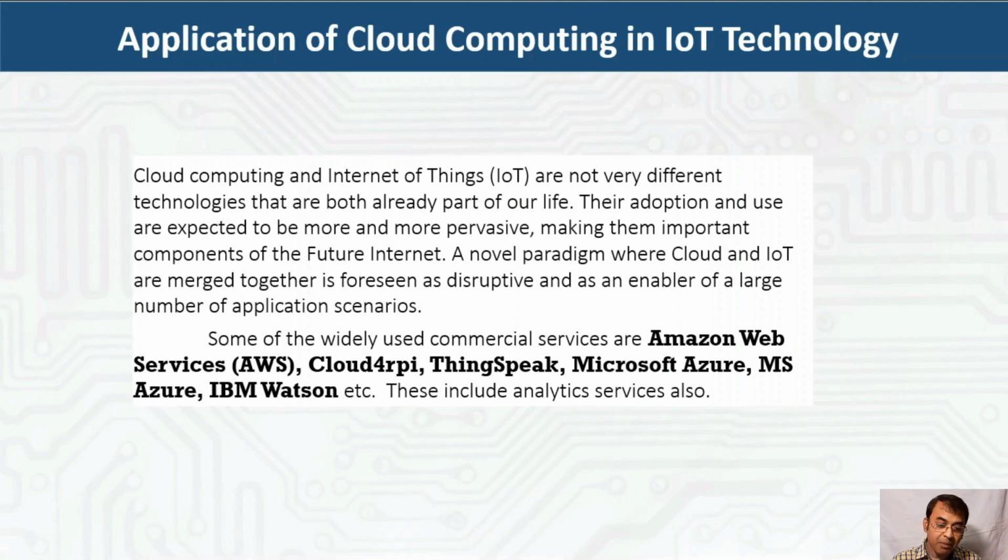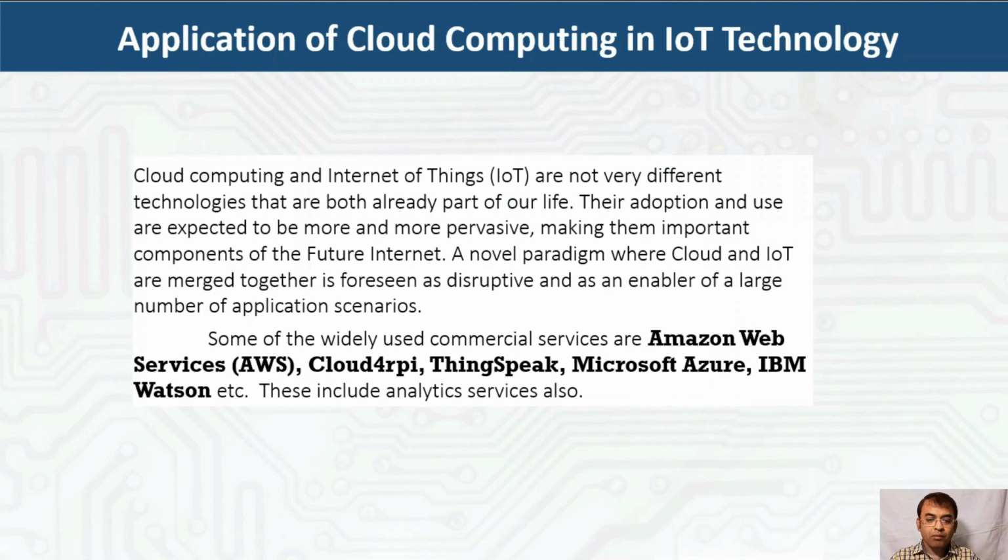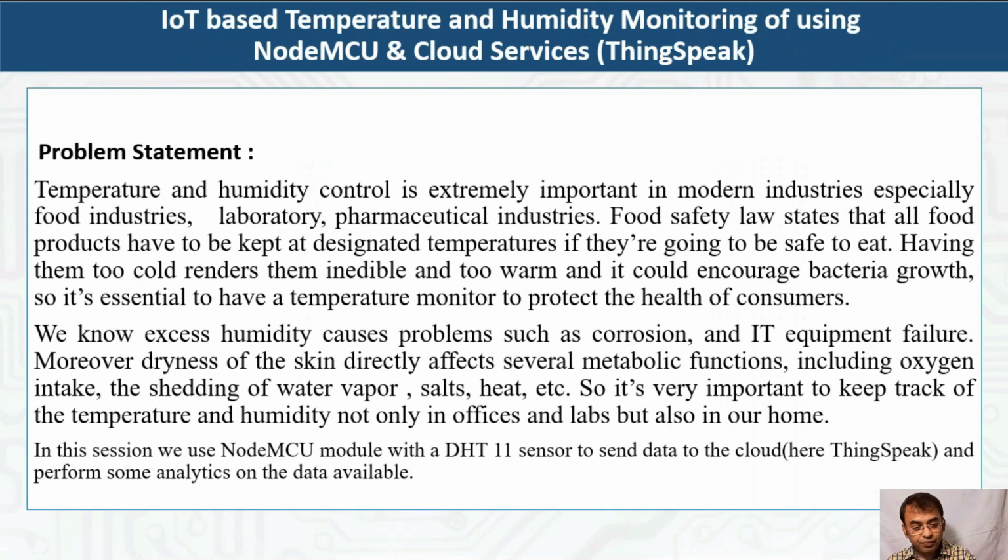A novel paradigm where cloud and IoT are merged together is as disruptive as it is an enabler of a large number of application scenarios. Some of the widely used commercial cloud services are Amazon Web Services, Cloud for RPA, ThingSpeak, Microsoft Azure, IBM Watson, etc. We will discuss all these things. This includes analytics services also.